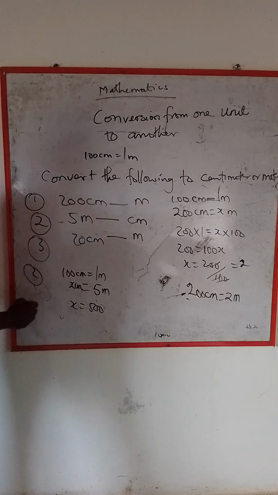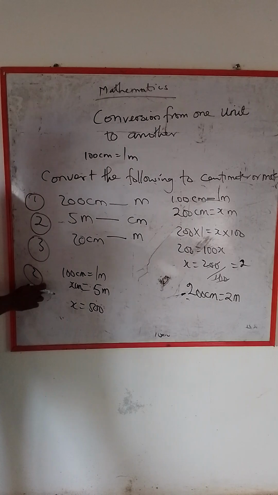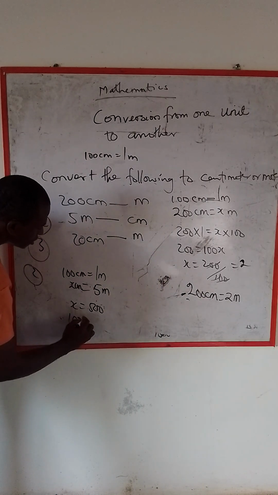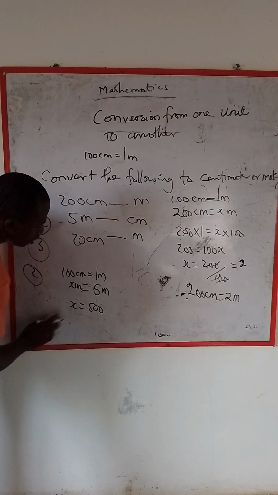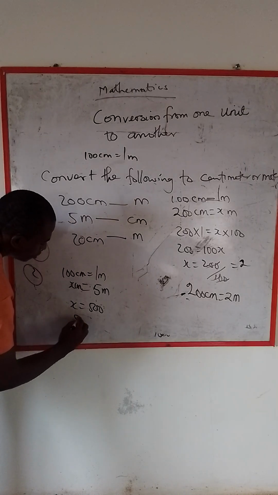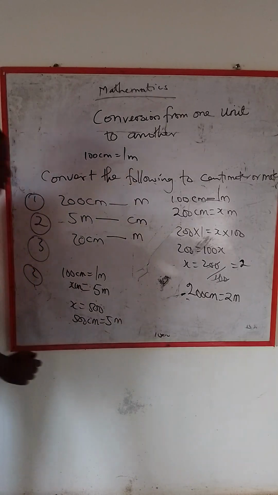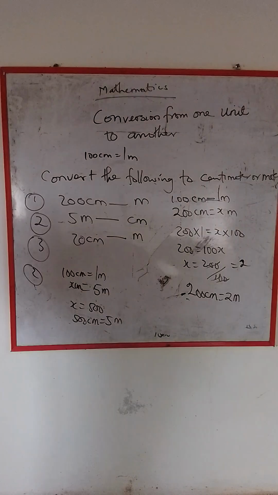So you see that from our relationship, it's very clear that 500 centimeter is equal to 5 meter. From our relationship, we said 500 centimeter is equal to what? 5 meter. That's what you are seeing there.